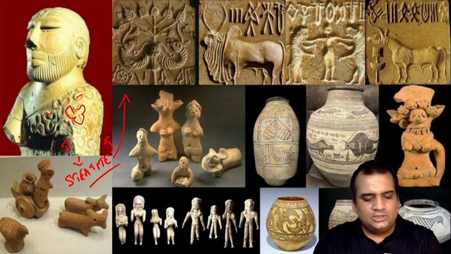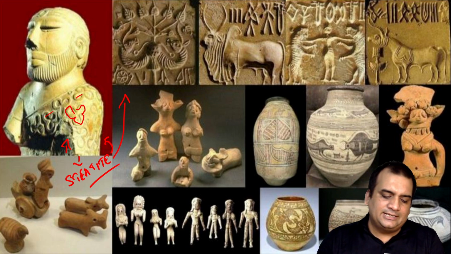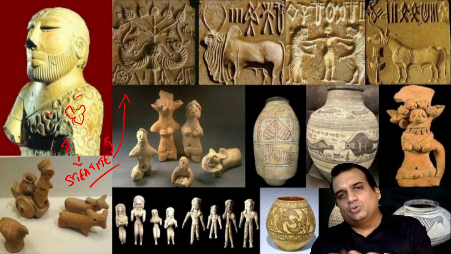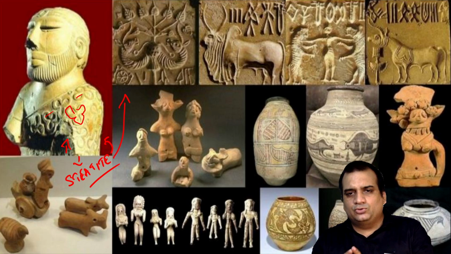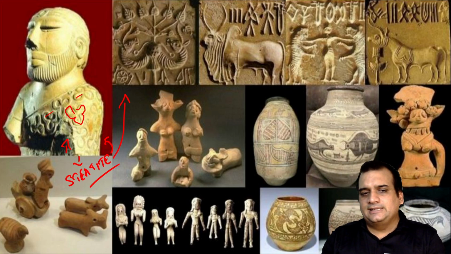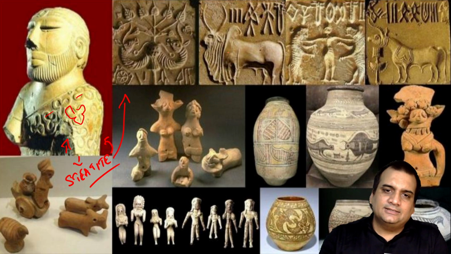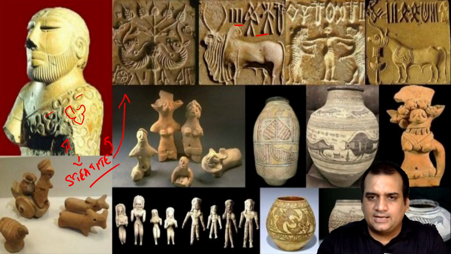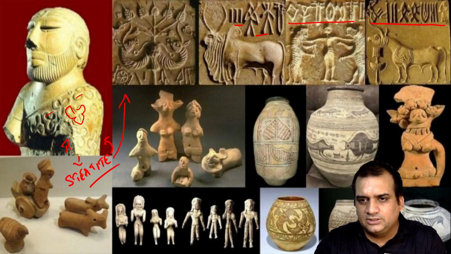But not only steatite, along with steatite there were other materials also used for making the seals, like agate, chert, copper, silver, gold, ivory. All these were used to make the seals, and there were some features of these seals. If you can see, the seals at the top have something written.